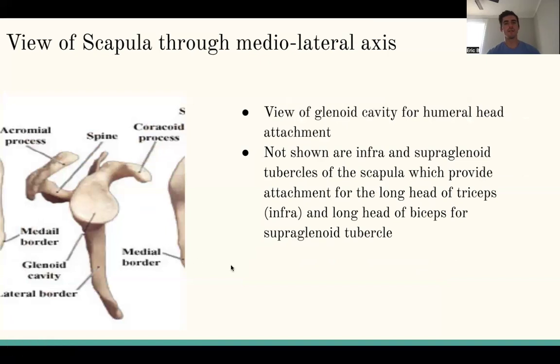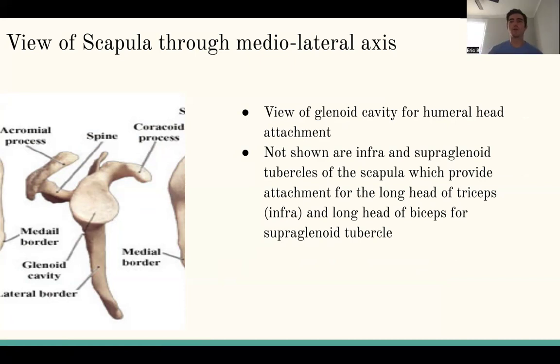Next up, we have a different view of the scapula through what we call the medial lateral axis. If you look at planes of motion, we have the frontal plane, which divides the body anteriorly and posteriorly. The axis of rotation draws a perpendicular line going through that plane of motion.